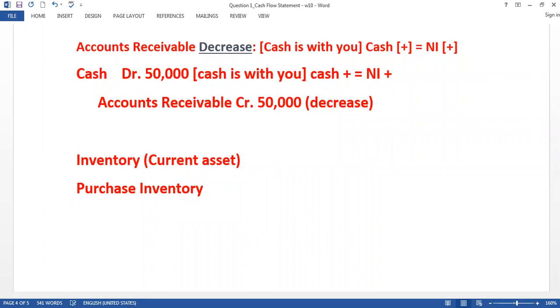Purchase inventory means your inventory increases or decreases? Increase. So what is the journal? For example, the journal is inventory debit and cash credit.